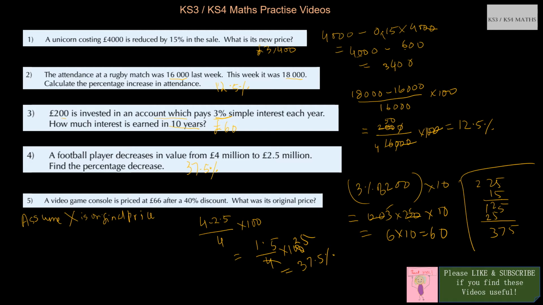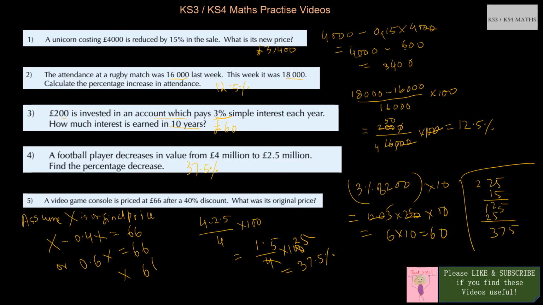So X minus 40% of X is 66, so 0.6x equals 66.